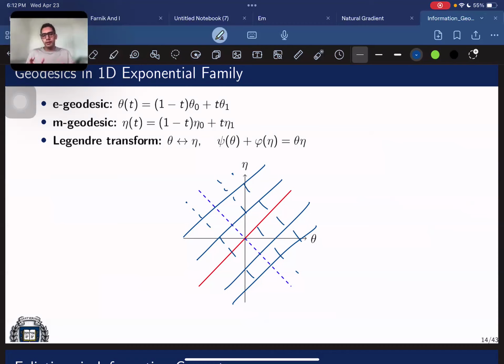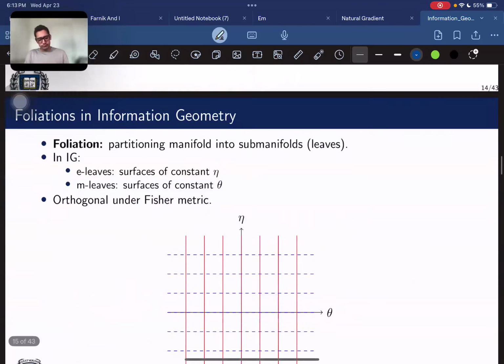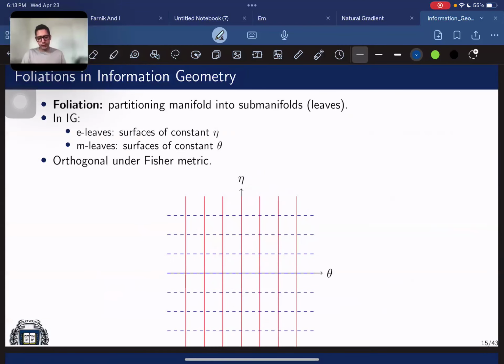And again, any Riemannian metric does not come with dually flat. The whole idea here is that we introduced this information geometry manifold, and then we delved into this space, which is dually flat. We can come up with two coordinate systems that are perpendicular and also flat. Foliation.